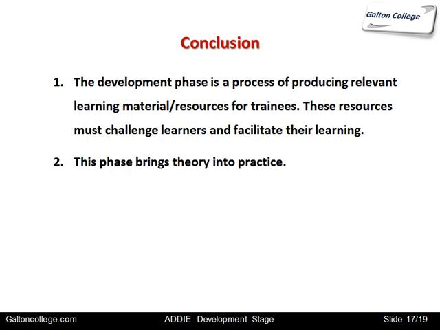And it brings theory into practice. It looks at what the course document wants to achieve, and it gets the material that is appropriate and efficient to bring about the requirements of the course. So it meets the objectives that are set out, and it does it in an efficient manner with the most appropriate material.